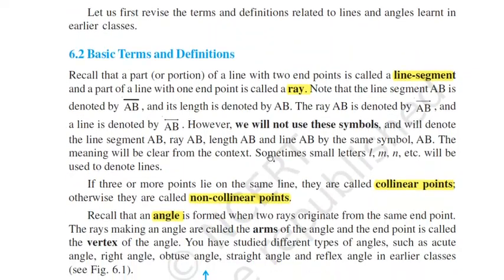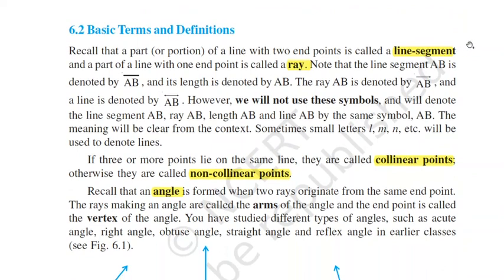So we'll start with basic terms and definitions. First, a line segment. In the previous years, that is in class 8, class 7 and class 6 also, you have been learning about line segment, ray, etc. So what is a line segment? A line segment is a part of a line.